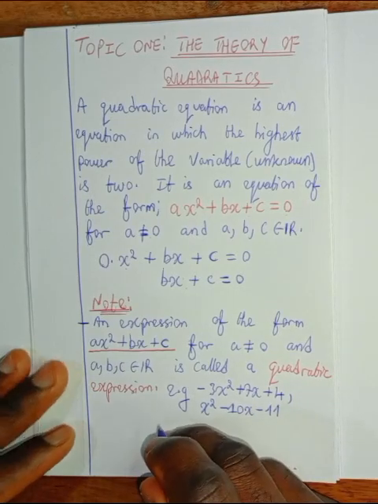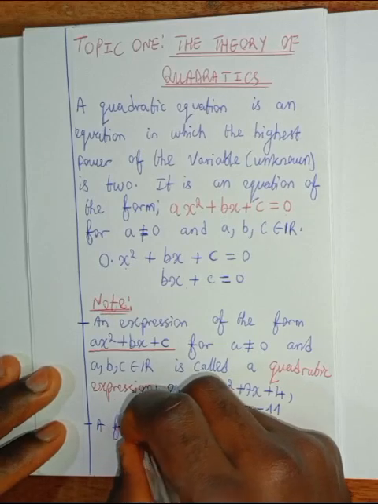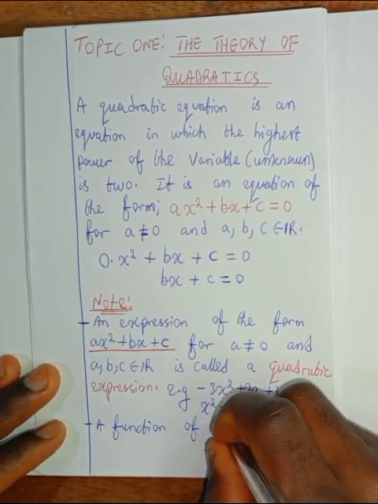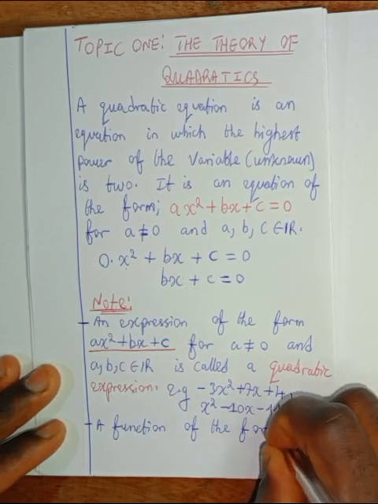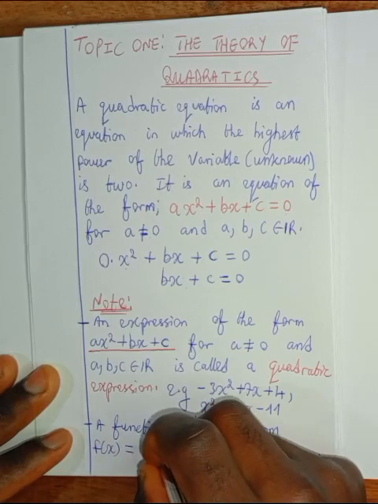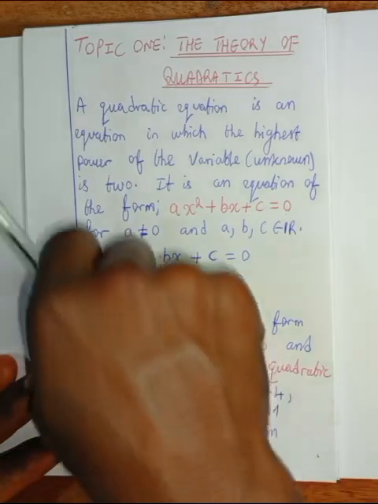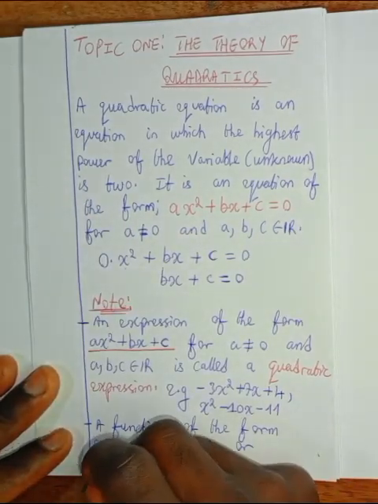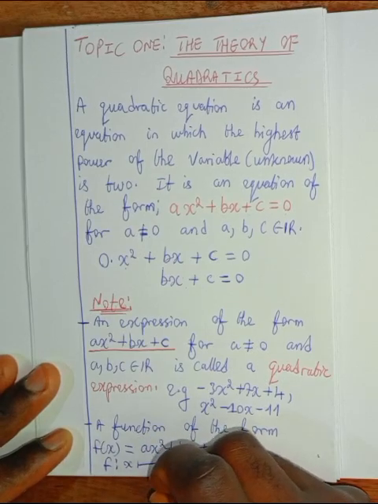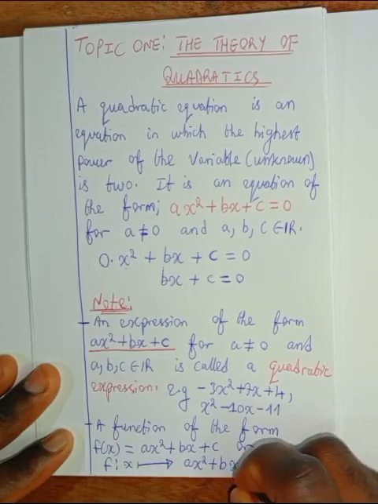This is another example. We take the next hyphen, a function of the form f of x is equal to ax squared plus bx plus c, or if you have f such that x is mapped onto ax squared plus bx plus c.